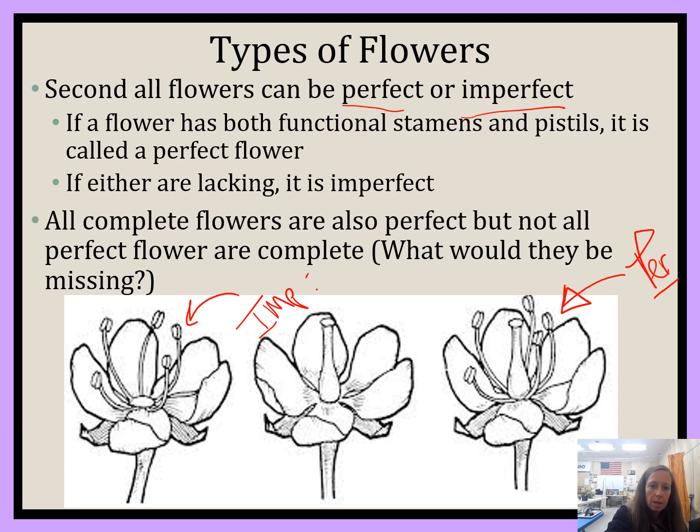This one and this one are imperfect. So all complete flowers are also perfect, but not all perfect flowers are complete. Think of it like a riddle, and in your notes tell me what a perfect flower could be missing, and that's why it's not complete.